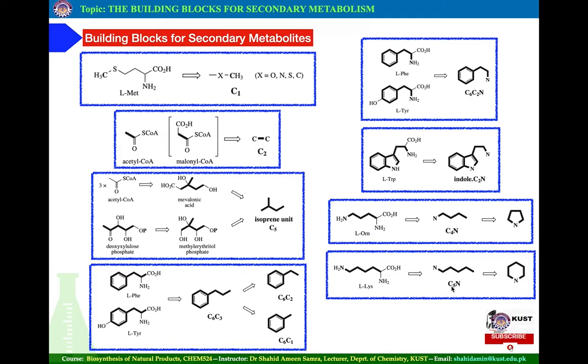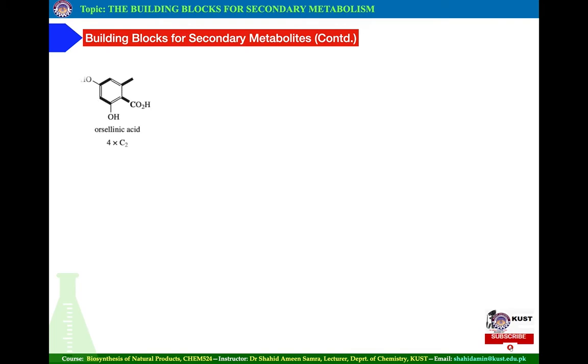This is produced via C5N, that is an aliphatic unit along with 1 nitrogen. So these are different building blocks that are produced from primary metabolites and are utilized in the formation of secondary metabolites.